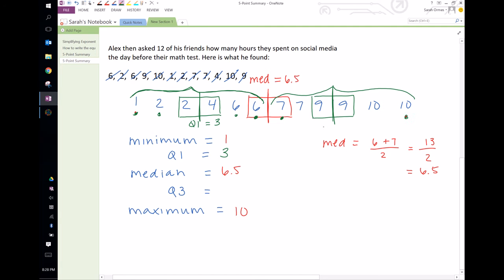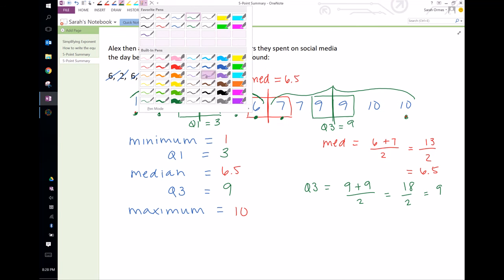So if you ask yourself the same question, what is smack in the middle of 2 9s? Well, it's just 9. But if you weren't sure, remember we can always average them. So 9 plus 9 divided by 2 is 18 divided by 2, which is 9. Q3, 9. And we are done.